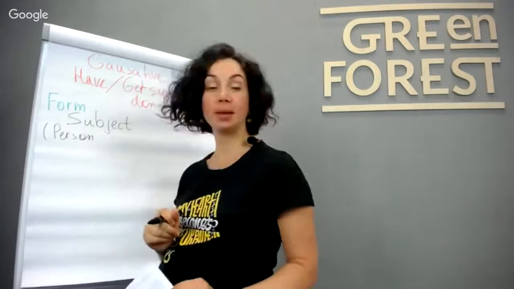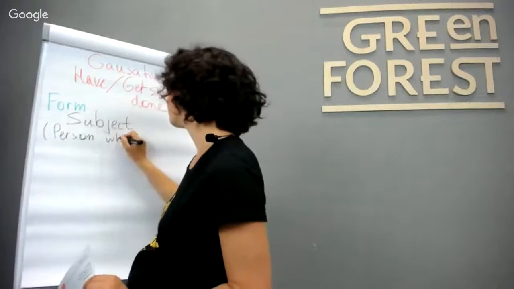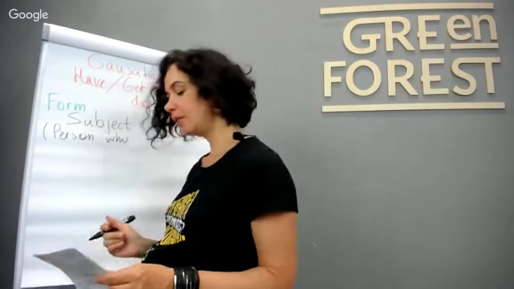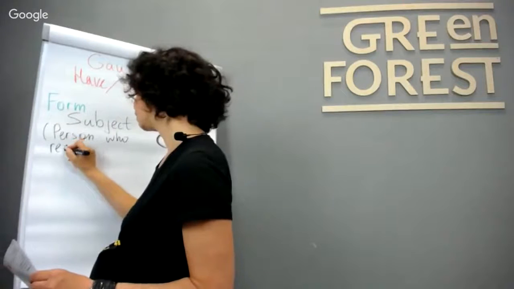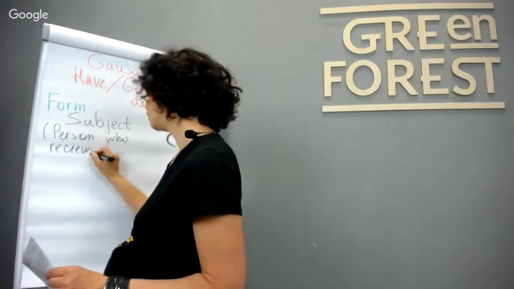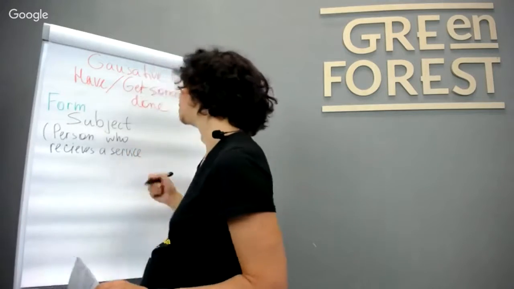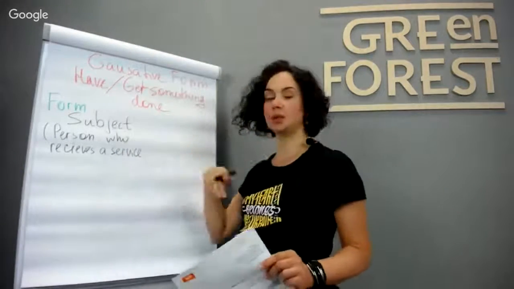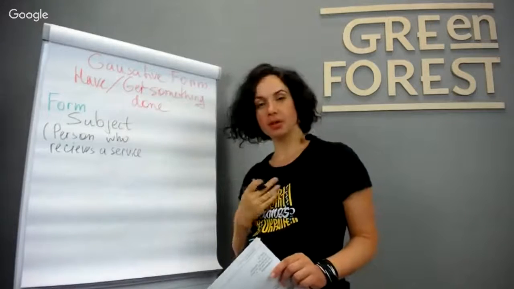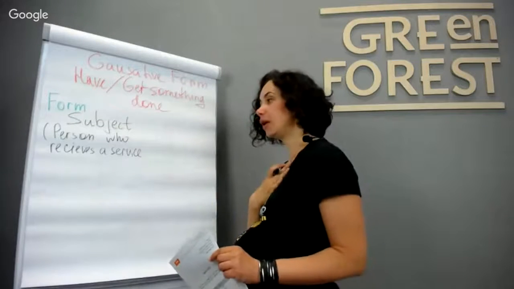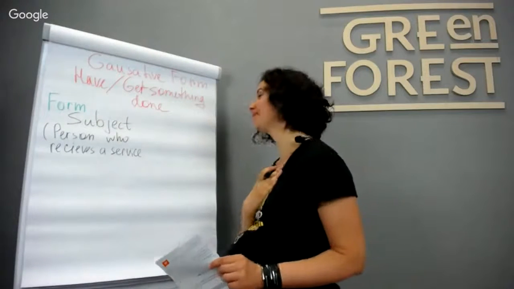It's always a person who receives a service. That means that somebody does for us something, and we are this person who receives this service. We don't do anything, we just pay for it.